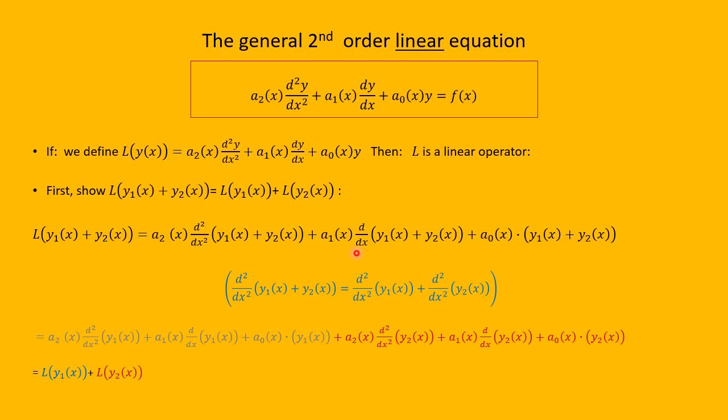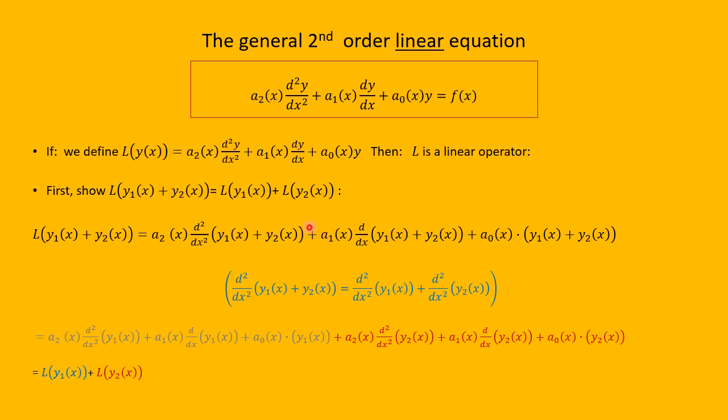Now let's remember that the second derivative of the sum of two functions is the second derivative of the first function plus the second derivative of the second function. And similarly, we have a formula for first derivatives that looks quite a bit like this.